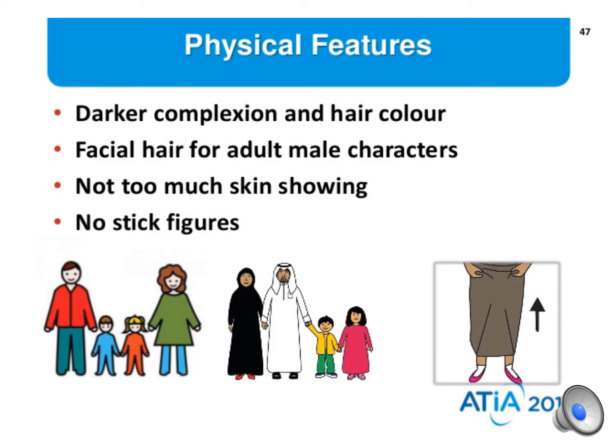In terms of physical features, in Arabic and Muslim cultures, they are not a fan of stick figures. They do not show skin, so we can't just have a little girl in a short skirt with her legs showing, or the little boy in shorts. So we need to adapt so that the clothing is appropriate, and certainly adapt for skin color.